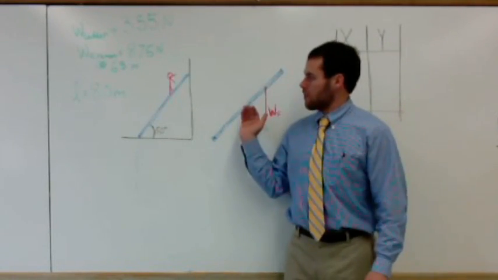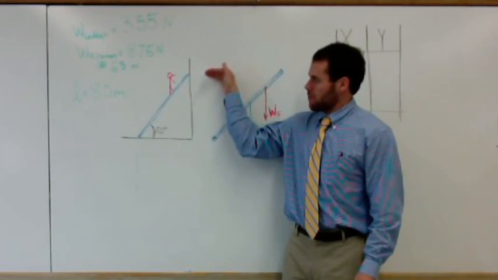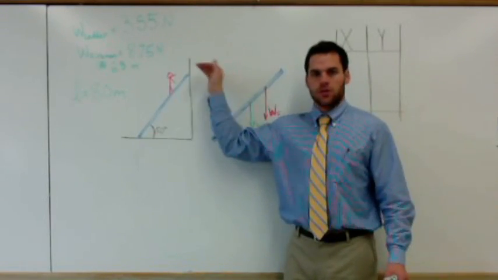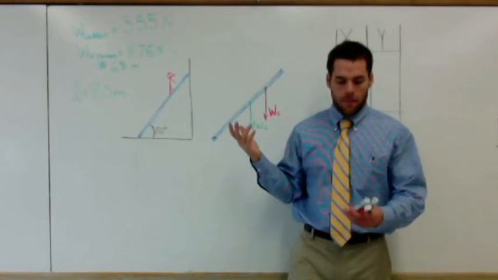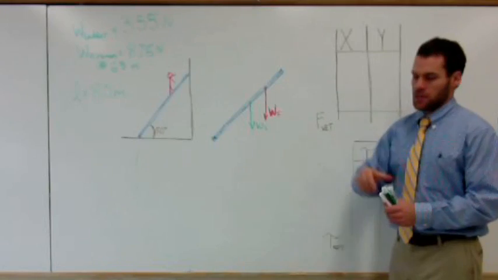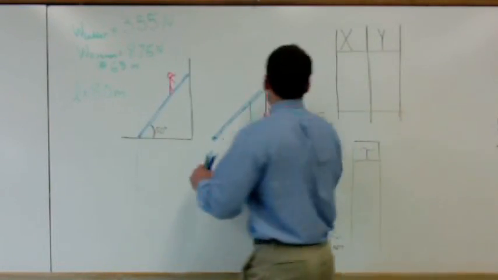Now we also have a force provided from the wall. The ladder is leaning against the wall, so it's the normal force from the wall. And just to follow along with this example in the book, I'm going to label this force P.